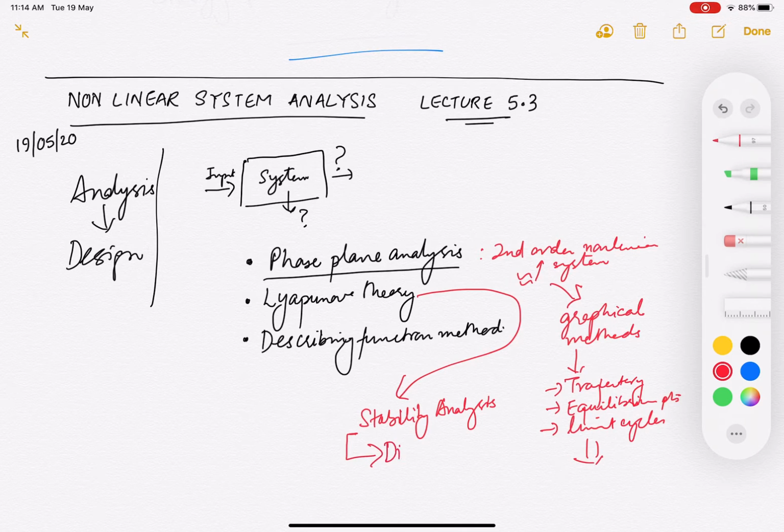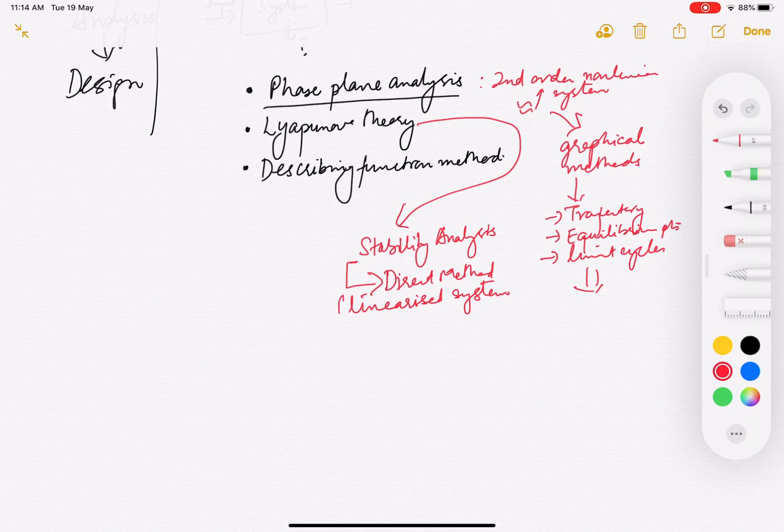One is called the indirect method, which analyzes the linearized system and then predicts the stability of the nonlinear system. And the other is the direct method, which constructs a function called the Lyapunov function for the nonlinear system.